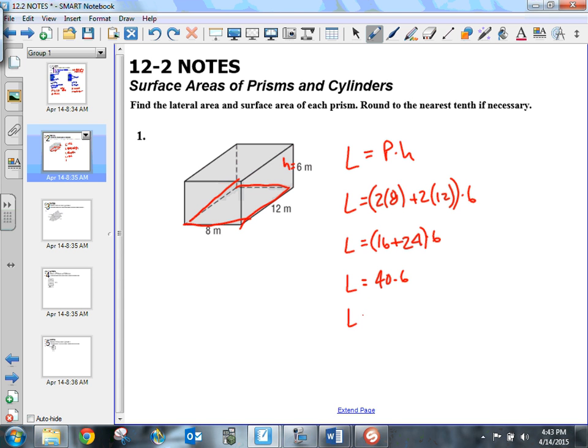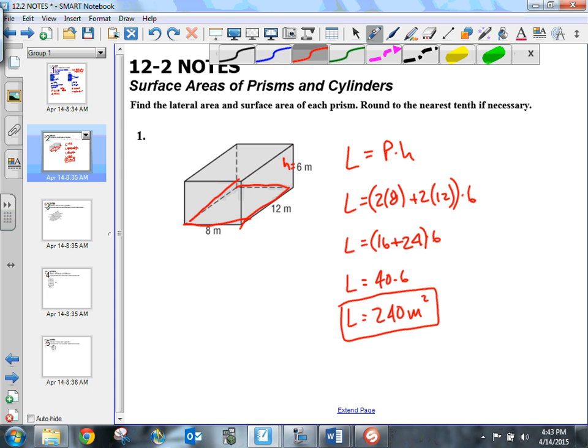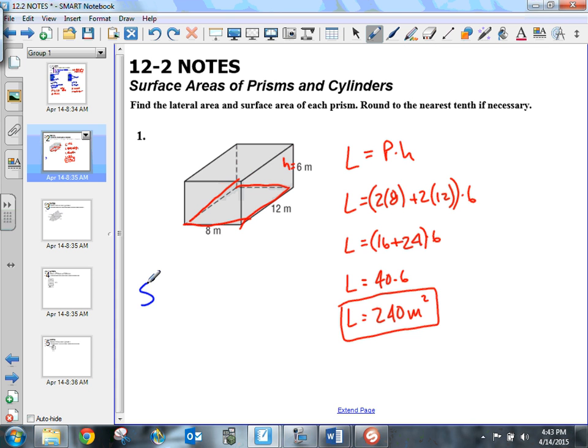So I get a lateral area of 240 meters squared. That's the area of this front face, this side face, and then this back face. If I wanted to find my surface area, that's just the lateral area plus 2 times the area of the base.